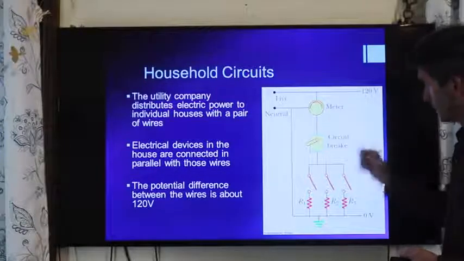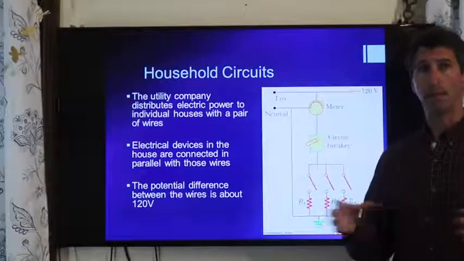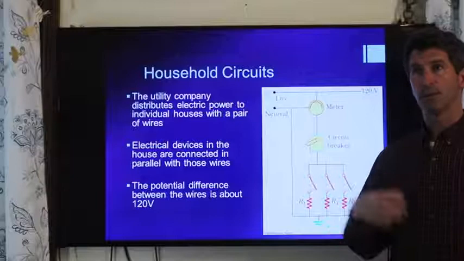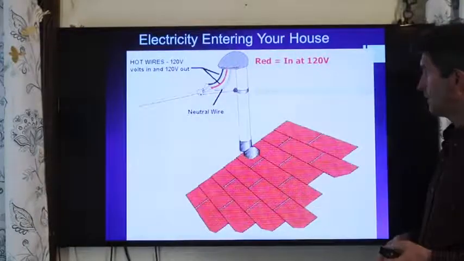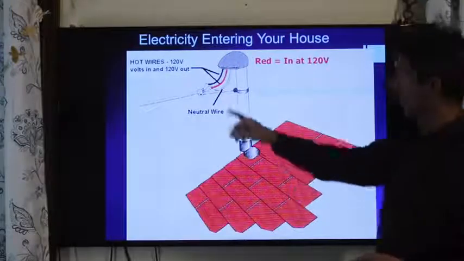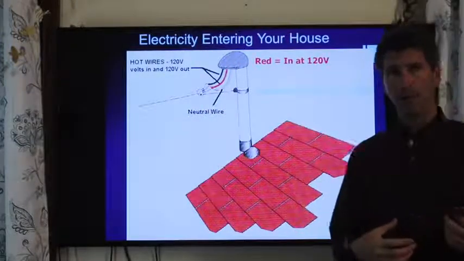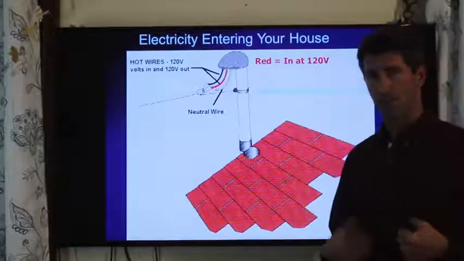So this branches off into parallel circuits. Everything in your home you want to be 120 volts. And we know with parallel circuits, everything has the same voltage, so we keep it at 120 volts. But when we look at it coming into your home, again, usually the service wire comes in, depending on how you're receiving the electricity.